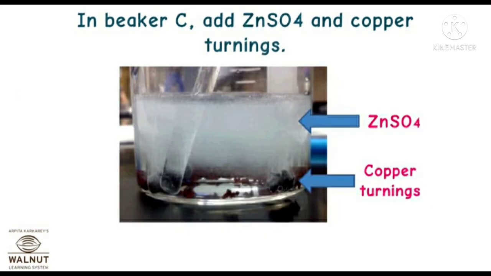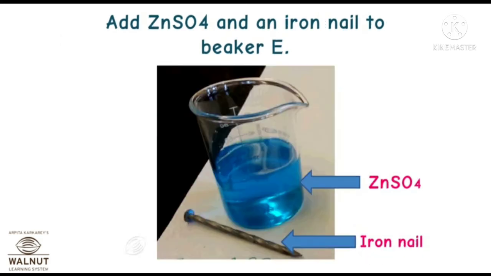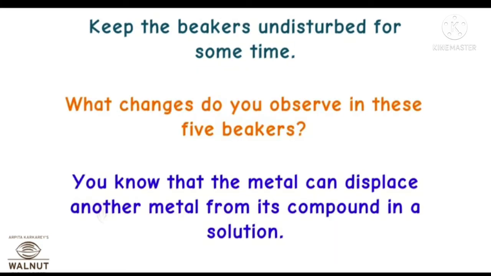In beaker C, add zinc sulfate and copper turnings. Add iron sulfate and copper turnings to beaker D. In beaker E, add zinc sulfate and an iron nail. Now keep the beakers undisturbed for some time. Observe what will happen in these 5 beakers.